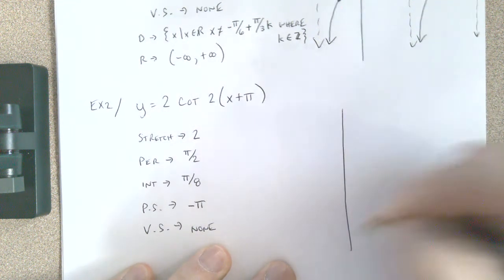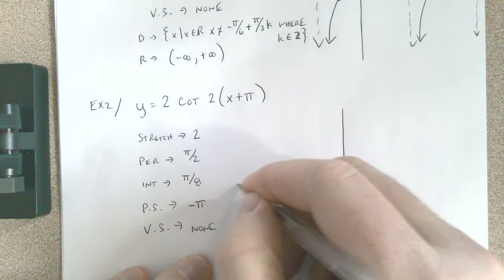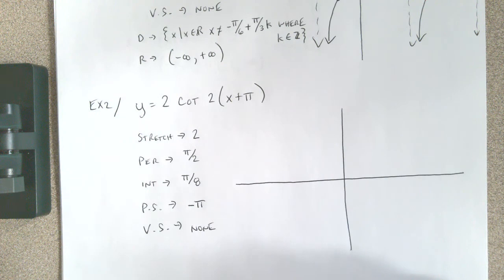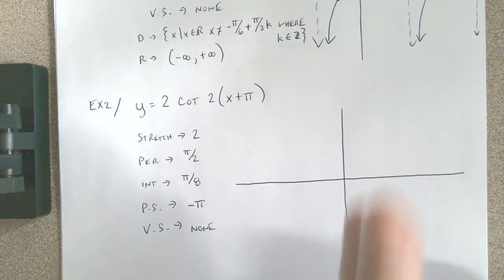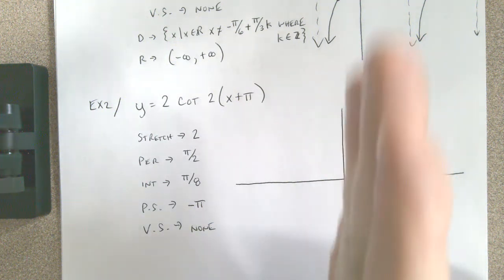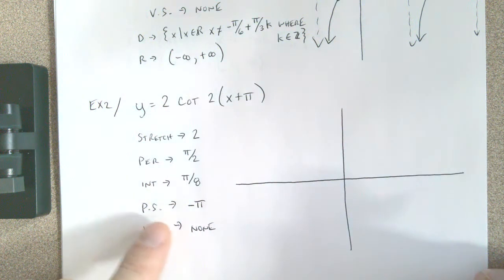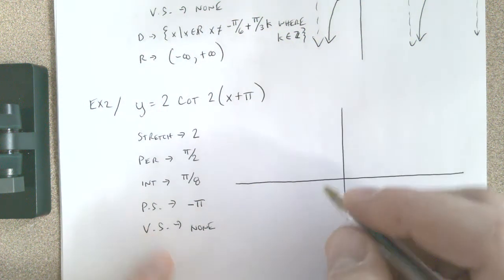Okay, so if we go to our graph, and as I said, with the cotangent, again, we're kind of shifted to the right. Now, this one does have a phase shift of negative pi.